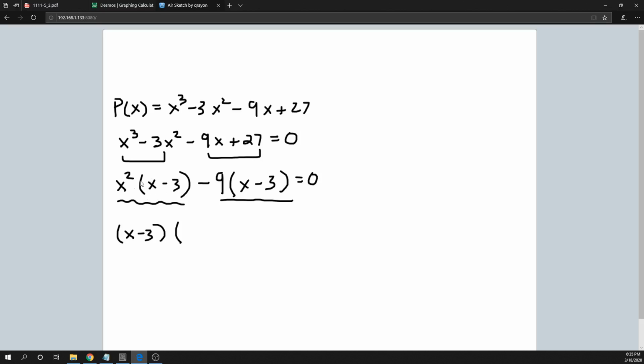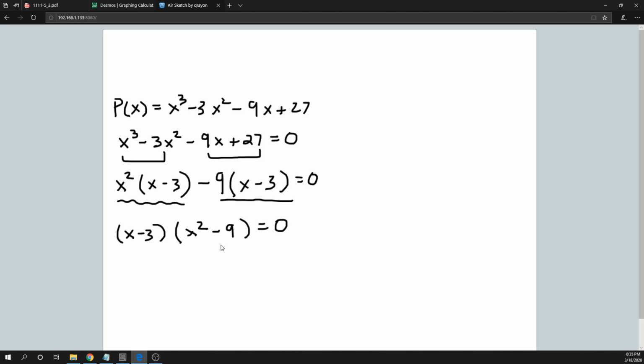Pulling the x minus 3 out of the first, I'm left with x squared. Pulling x minus 3 out of the second, I'm left with minus 9. And so I've got it factored now.